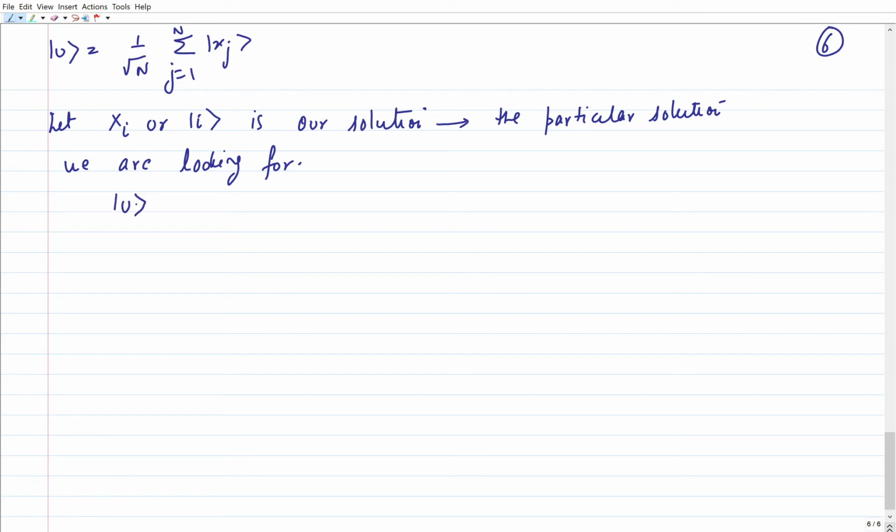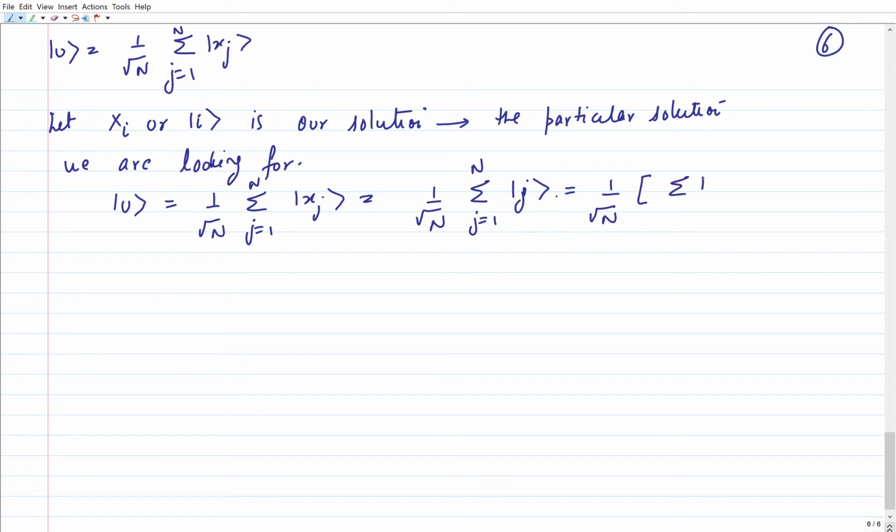So u is written as again this guy, and let me use x_j and j interchangeably. This I can divide between all the kets which are not the solution and the one ket which indeed is the solution.